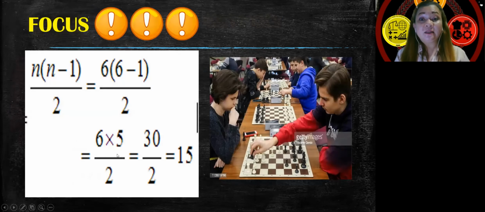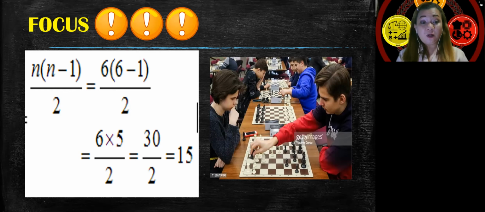And this is the formula in getting the number of matches in the cyclic method. The formula is n multiplied by n minus 1, divided by 2. So assuming that we have 6 teams, that would be 6 multiplied by 6 minus 1, divided by 2.